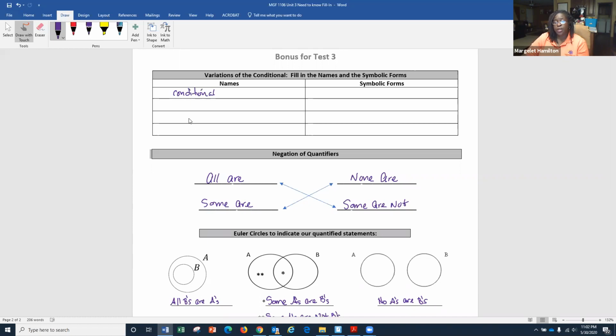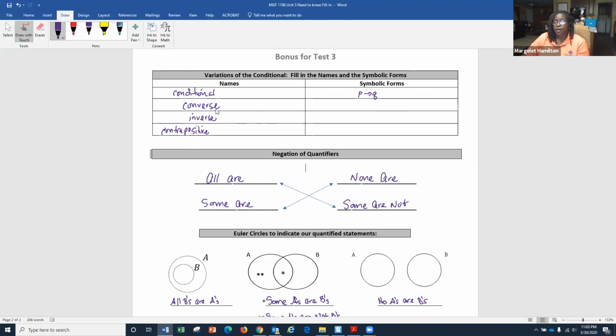Then you have your converse, your inverse, and the contrapositive. The conditional statement is just our regular P implies Q.